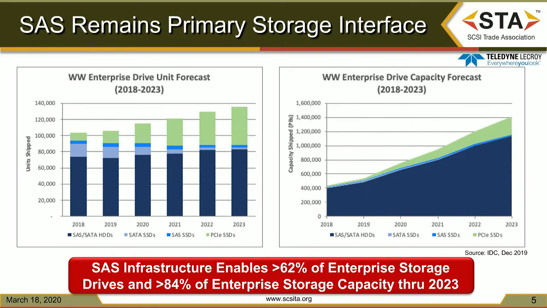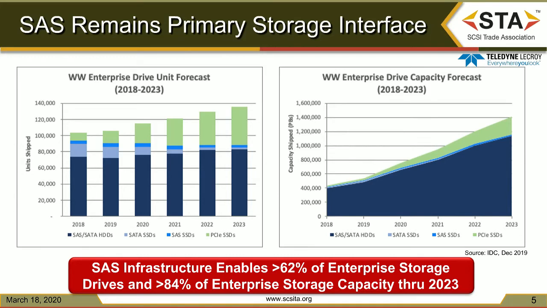Here's a market research chart that we tend to show and update periodically. The message here is that SAS is a very prominent storage interface, and it remains so today and in the foreseeable future.